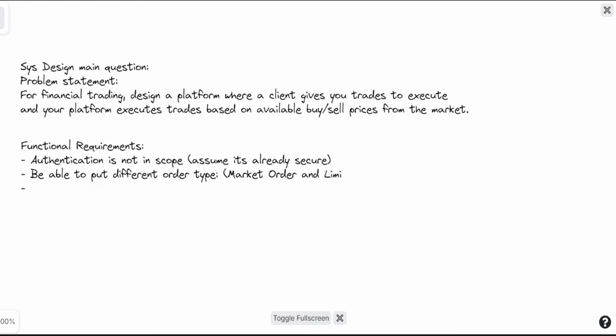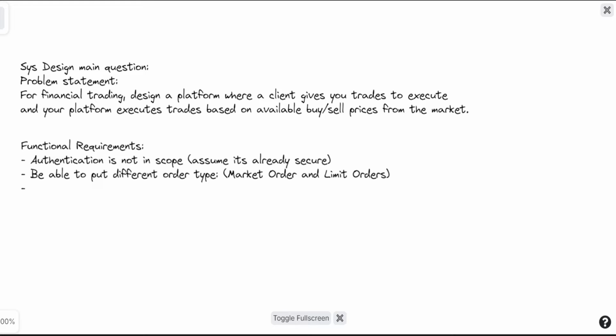We will structure the limit orders in the best interest of the customer. If they say, I want to buy 100 shares of Apple with a limit of 179, then we only execute that trade if we can find that volume at a price less than or equal to 179.